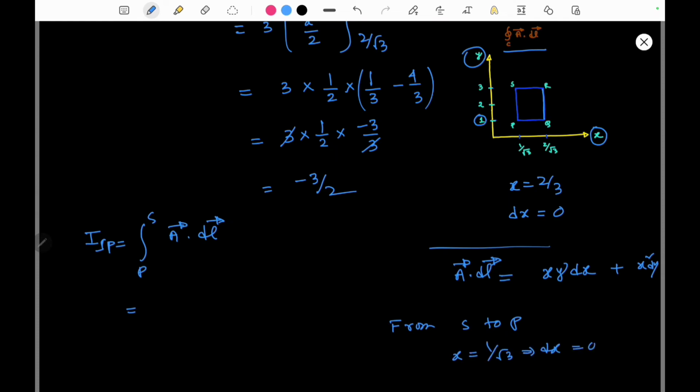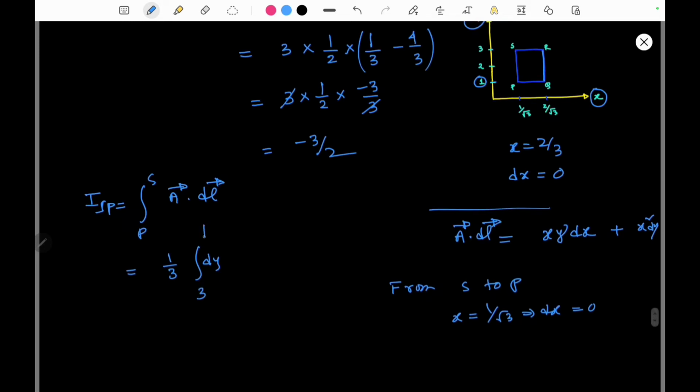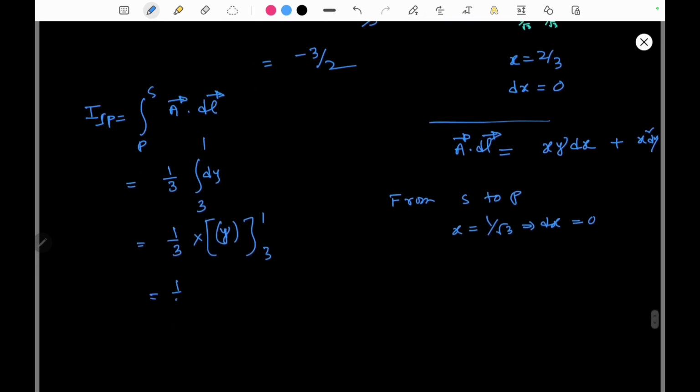So dx equal to 0. So again we can put dx and x's value here. So we will get like 1 by 3 dy integration from 3 to 1. 1 by 3 into 1, this will be y, and the limit will be 1 to 3. 1 by 3 into 1 minus 3, so it will be minus 2 by 3.